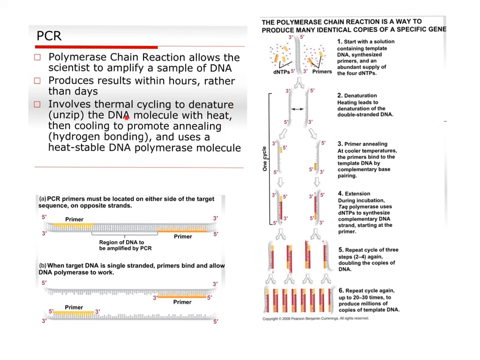And basically, you need heat to denature or unzip the DNA molecule, but then you need to cool the DNA molecule down once the new nucleotides have been added through replication. And that promotes what we call annealing, which is the hydrogen bonding that causes the two strands to come together. And so there's a machine that goes through these thermal cycles to do this.